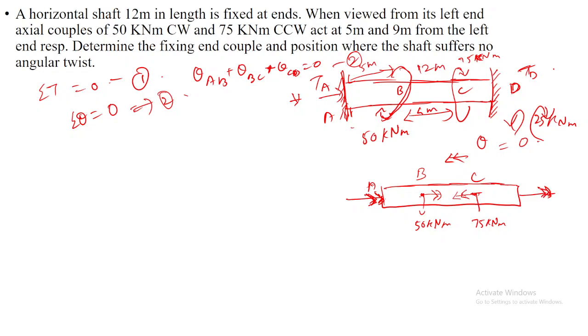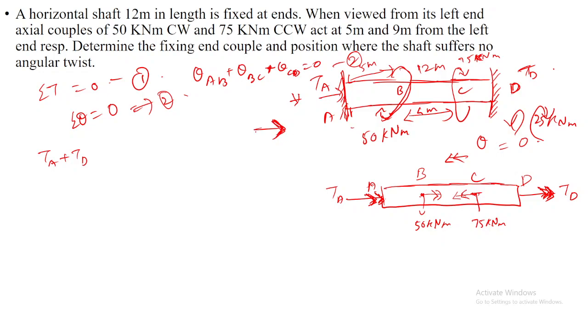Like this only we have seen for axial loads. Correct or not? Yes, sir. So TA we have to determine and TD we have to determine. If I write summation T equals 0, I am taking TA as positive. For the summation of T, you look only at the direction, not the sign convention.